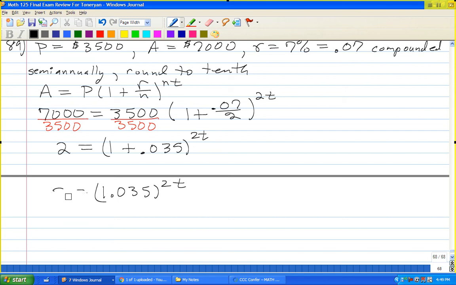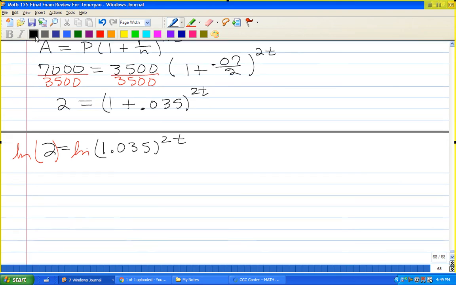So let's take ln of both sides of my equation. And so I have that ln 2 is equal to bringing down the exponent out in front of the logarithm by the properties of the log. Now let's solve for t. So let me divide both sides of my equation by 2 ln 1.035.